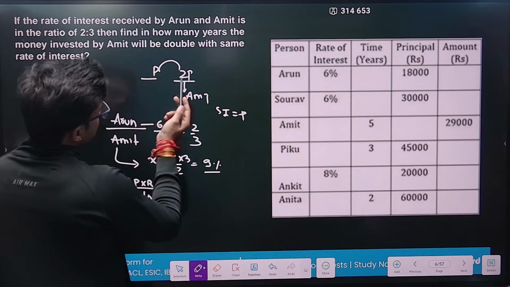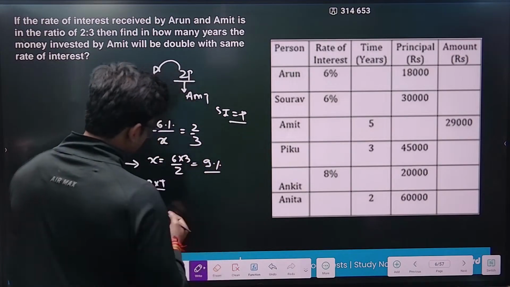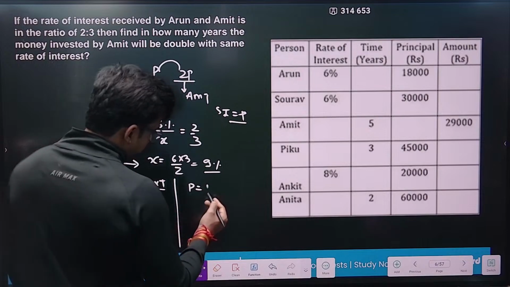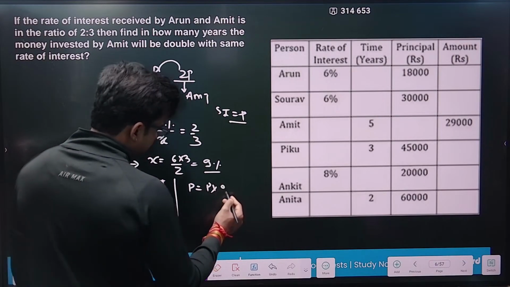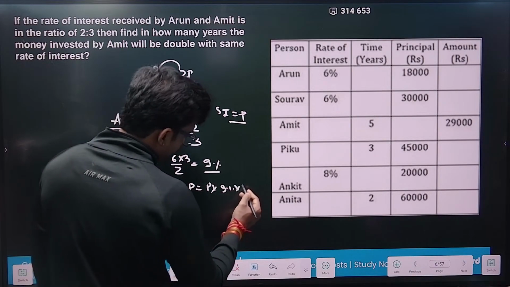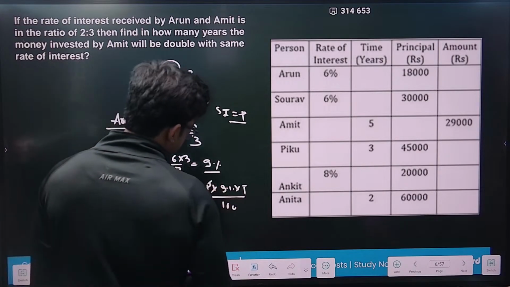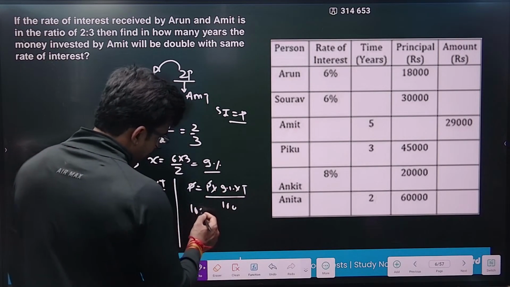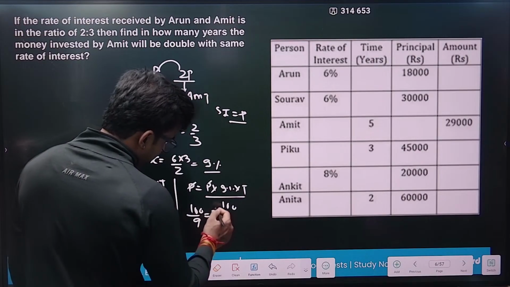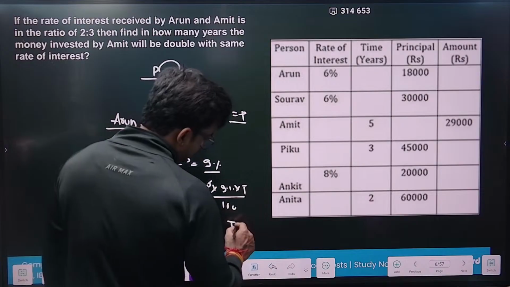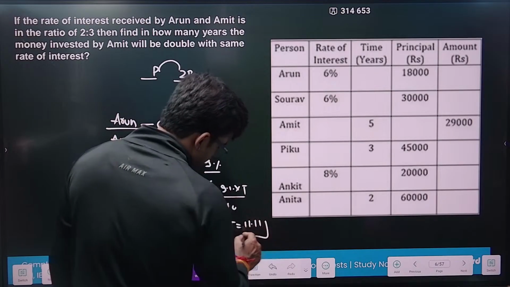Because when P becomes 2P, the difference is of P only. So you can write P equals P into R, which is 9%, into T, which we need to figure out, by 100. This P and P get cancelled out. Then 100 by 9 is equal to T, which means 11.11. So T would be 11.11, which is our answer.